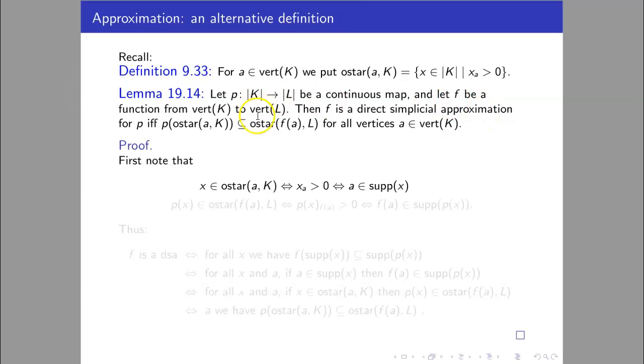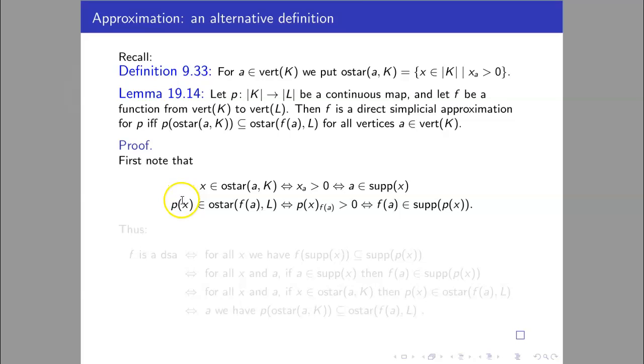Okay, so to prove this, we have to consider this condition. When is x in the open star of A? Well, by definition, that's just equivalent to the condition that xA is strictly positive. But also, xA is strictly positive is just the same as saying that A lies in the support of x. So x in the open star of A is the same as A in the support of x.